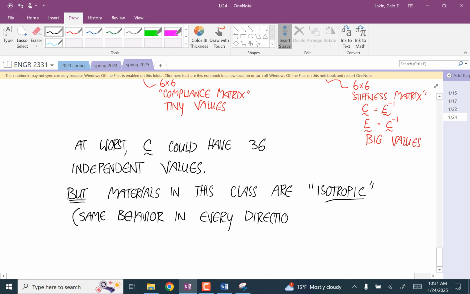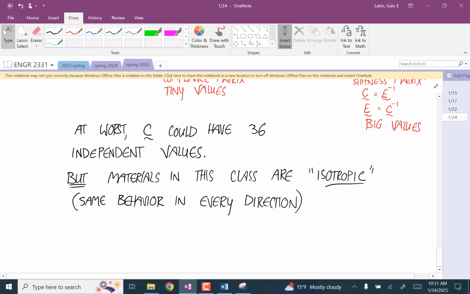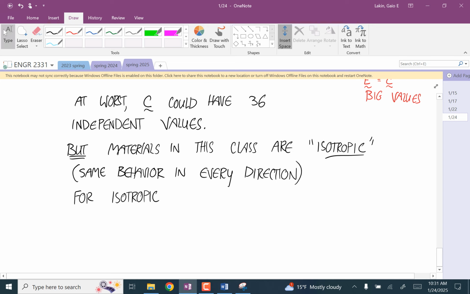And for isotropic materials, I want you to soak in how amazing this is. For isotropic materials, those 36 values are all determined by just two independent parameters.